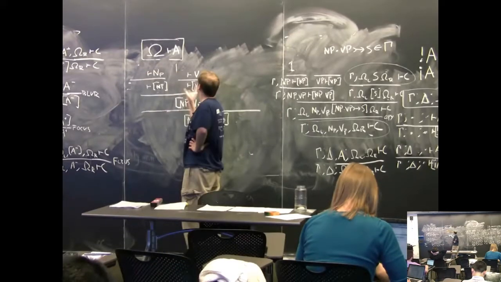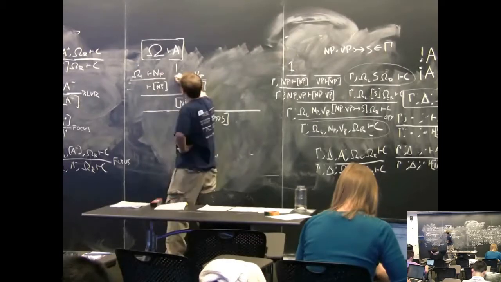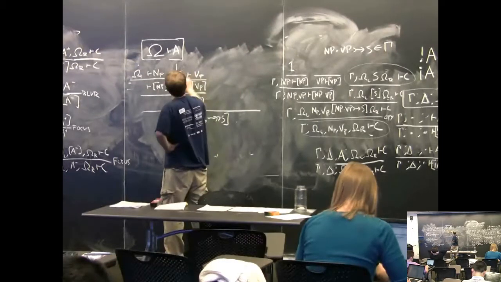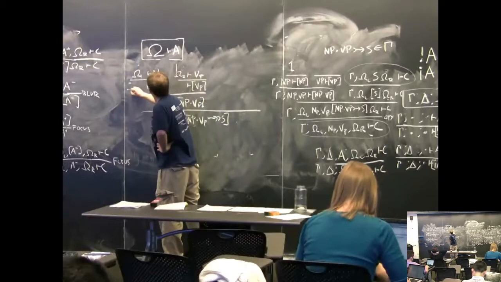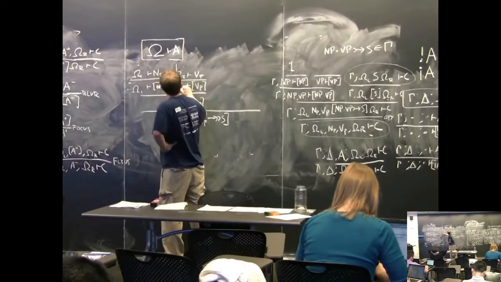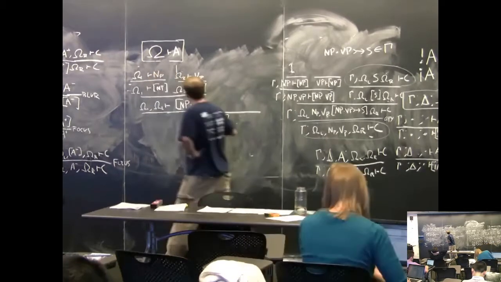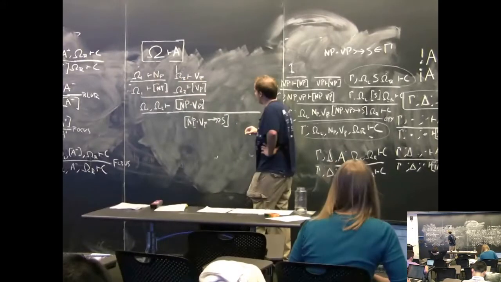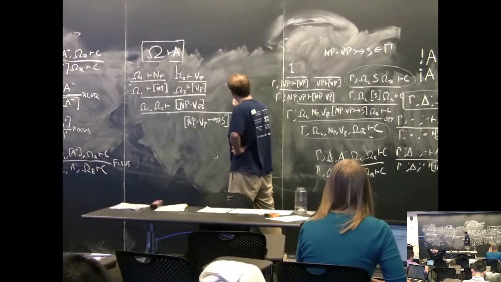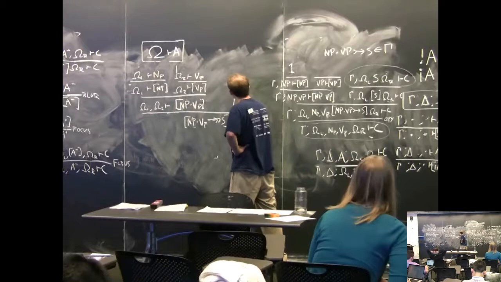So this can be any sequent for which I can prove noun phrase, and this can be anything for which I can prove a verb phrase. Omega 1, omega 2 proves noun phrase, verb phrase. And then I stay left focused on S here.